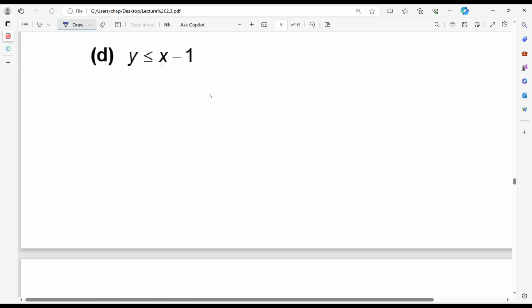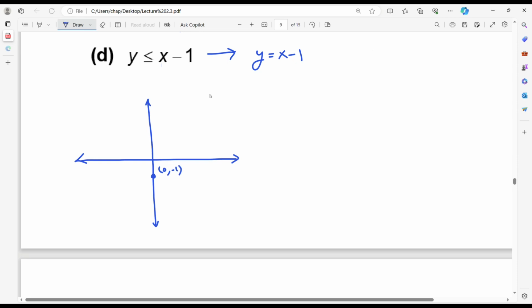In part D, we have the relation y is less than or equal to x minus 1. In order to figure out if this is a function or not, I'm going to draw a little sketch. Now, for this one, we could pretend this is the equation y equals x minus 1. And that's easy to graph. We just go down to the y-intercept, (0, negative 1).